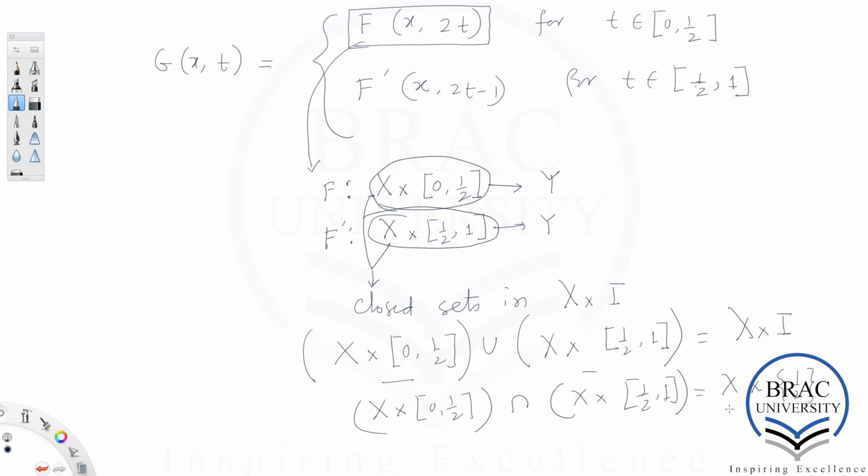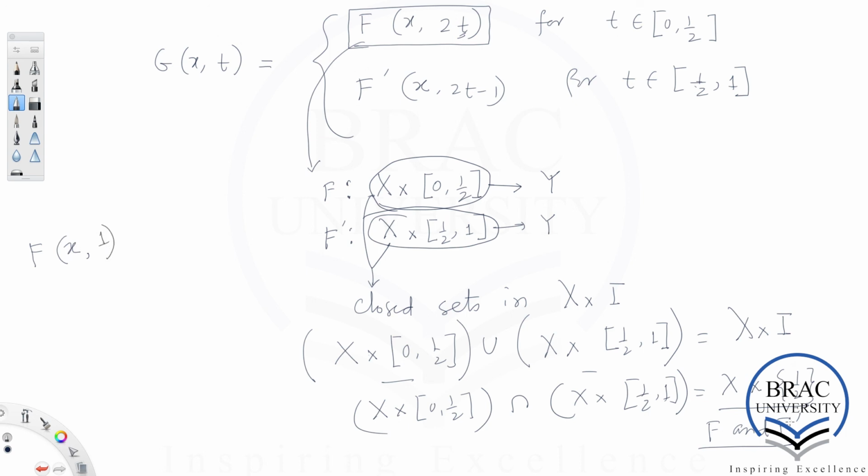And on this, these two functions f and f prime agree. It's easy to check, since f of x comma 1 is f prime of x. Okay, so you plug in 1/2 here, you get x comma 1, right?